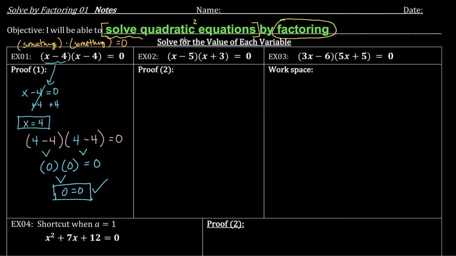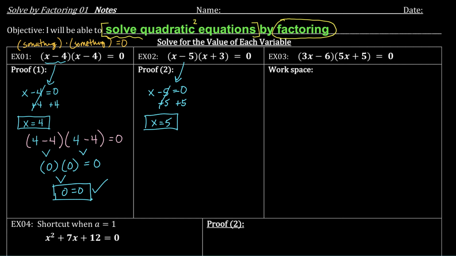So, like x minus 5 times x plus 3 equals 0. I'm going to take this x minus 5, and we know that if x is 5, 5 minus 5 is 0. But if you didn't know it, you just write x minus 5 is 0. You solve for x, and you get x is 5.